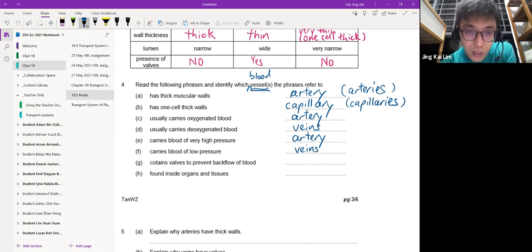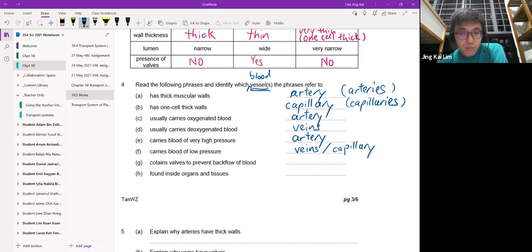Before I move on, capillaries also fall under the low pressure category, because the capillary has to ensure that the oxygenated blood actually flows into the cell. So you cannot have very high pressure, otherwise the blood won't be able to diffuse through the walls of the capillary.